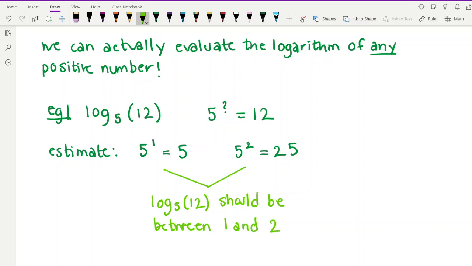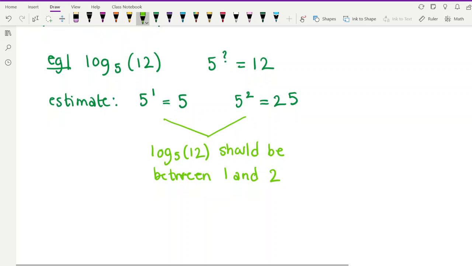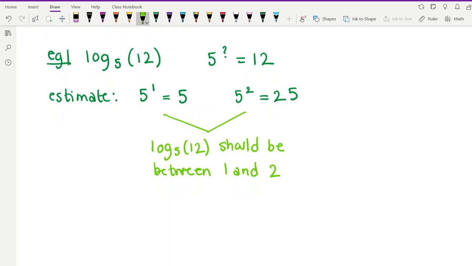Because the way exponents work, as long as the base is bigger than 1, the bigger the power we raise 5 to, the bigger the result is going to be. So if we want something that's between 5 and 25, that means the exponent has to be between 1 and 2.